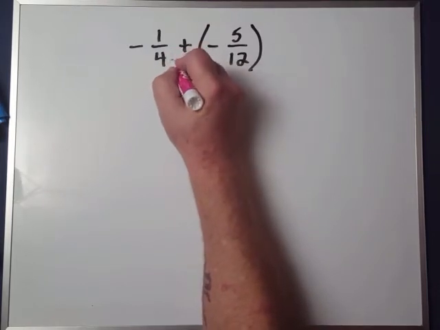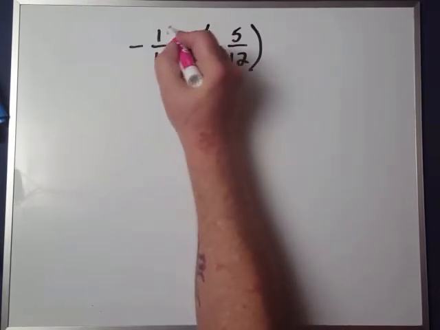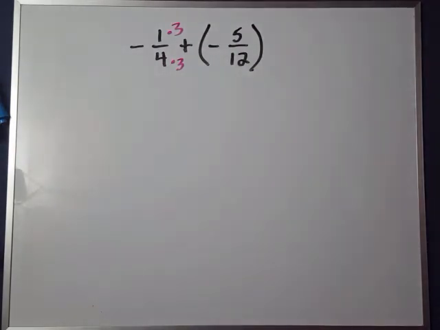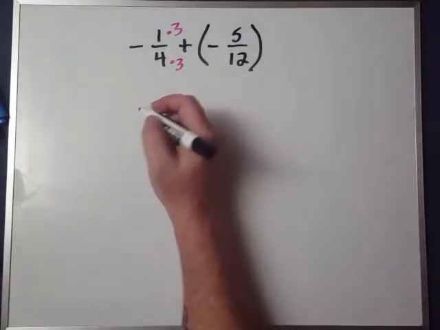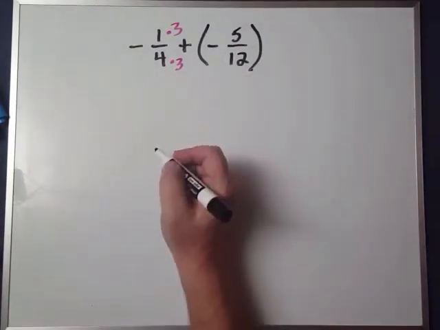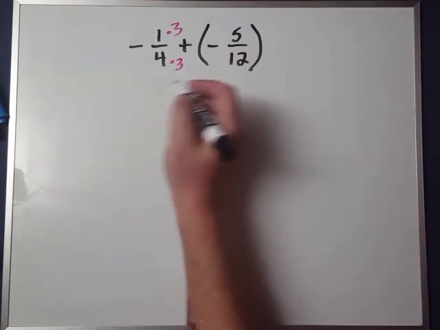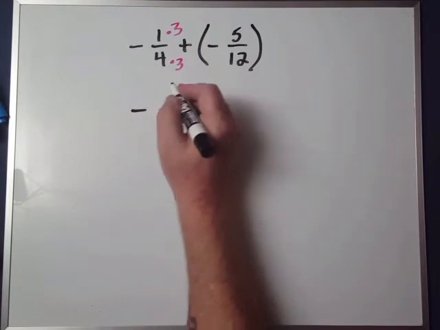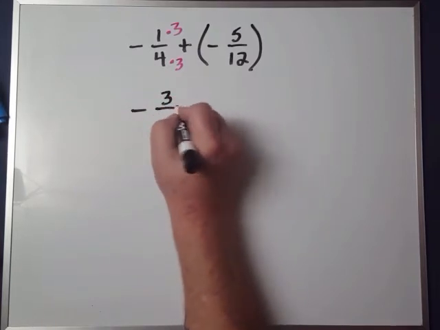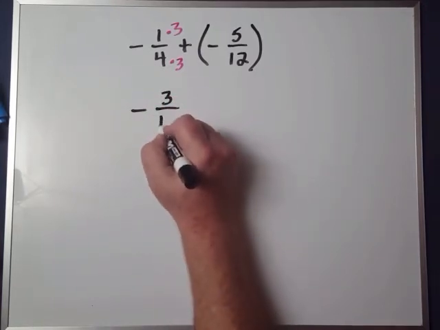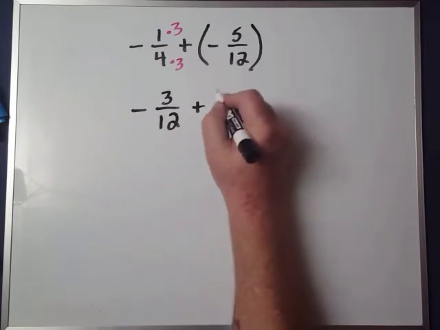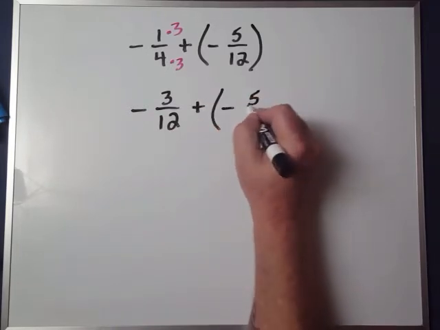I was getting ahead of myself. I need a 3, top and bottom. The second fraction is ready to go with a 12 already in its denominator. So we now have negative 3/12 plus a negative 5/12.